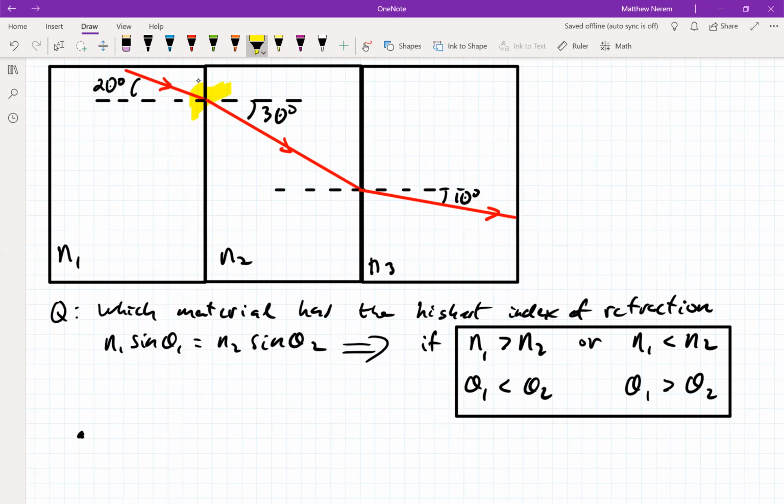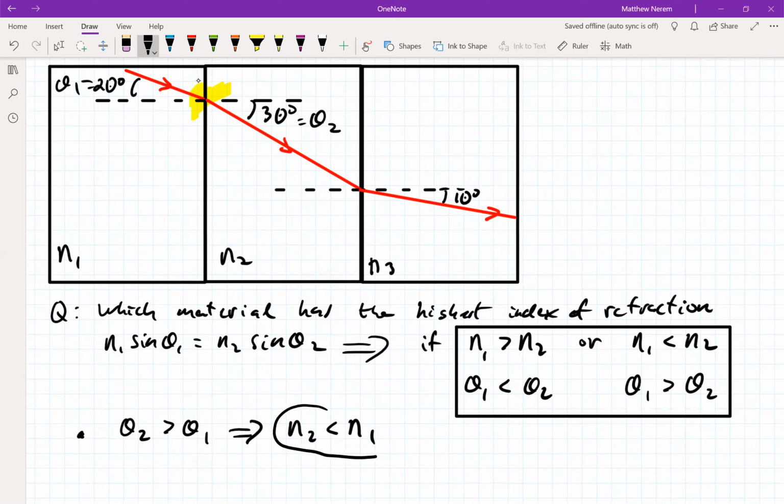So if I call this theta 1, call this one theta 2, then I can say clearly that theta 2 is greater than theta 1, which, using the rule in the box before, means that n2 must be less than n1. Nice. So we'll box this off for now. We haven't finished the problem, but it's a step.